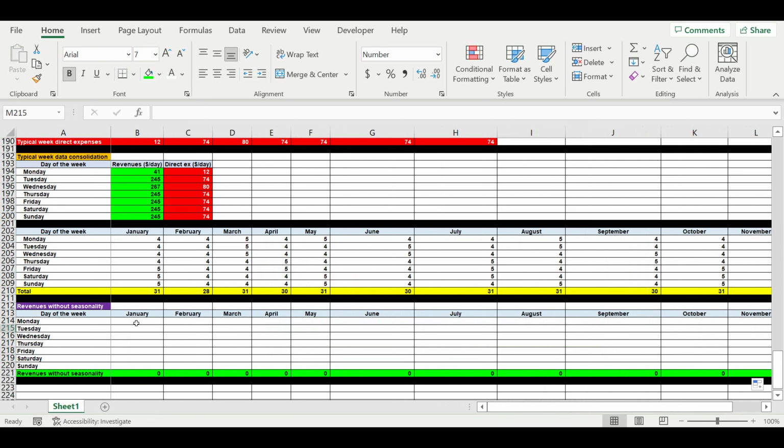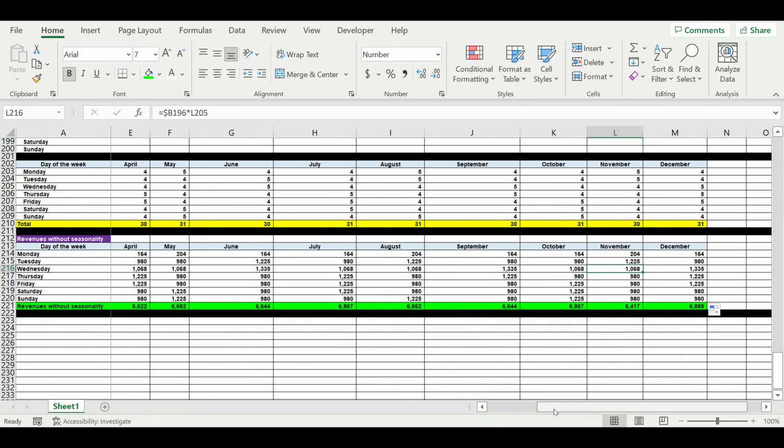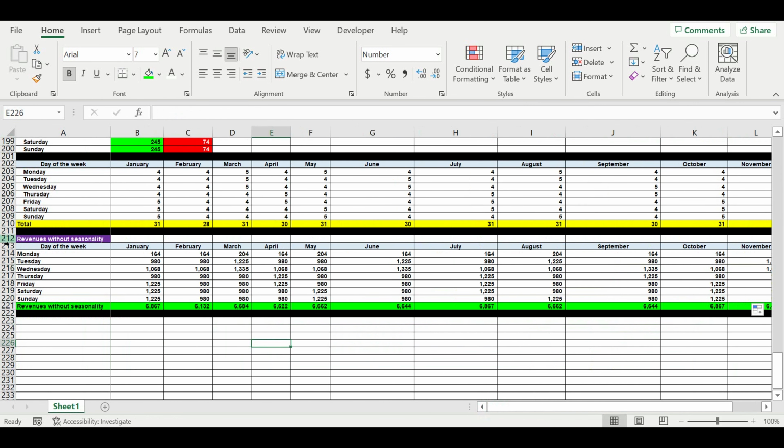What I will do now is take the revenues, freezing the column, and multiply the daily revenue of Monday by the amount of Mondays in January, and then I will do the same exercise for other months. So this is the monthly revenue. These are the revenues without seasonality.